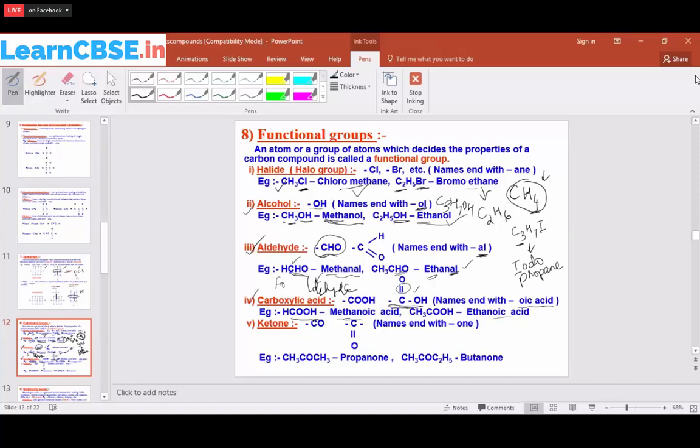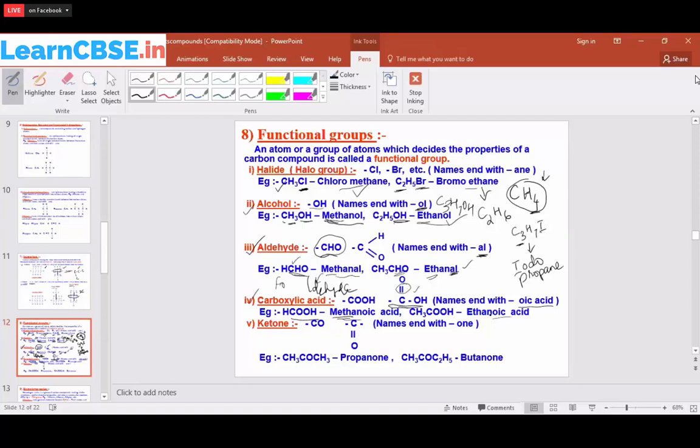Already the acid group contains the C. "Meth" indicates that only one carbon atom should be present, and it is already present here, so we should not write one more carbon atom. We balance it with hydrogen, so HCOOH. This we call methanoic acid.